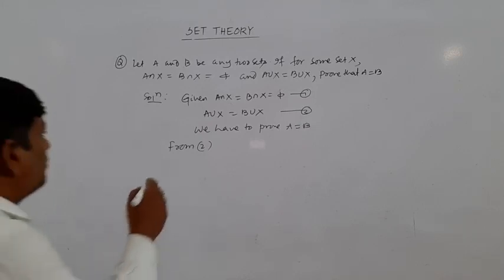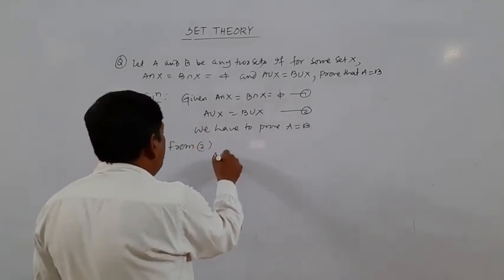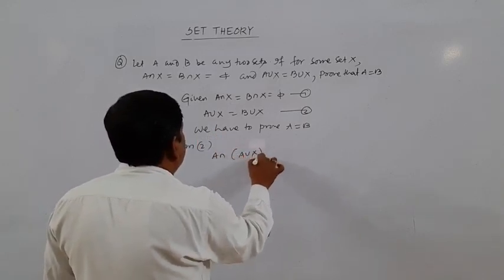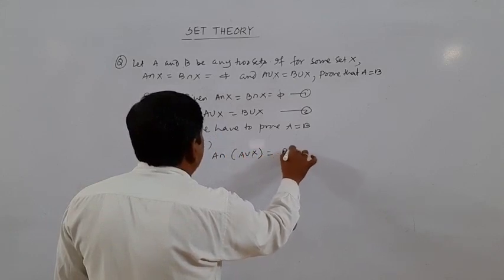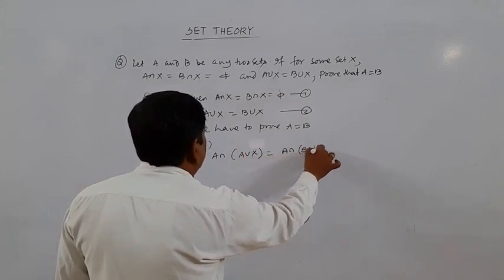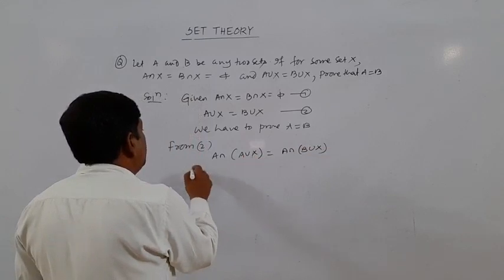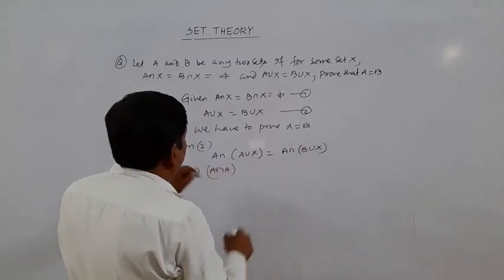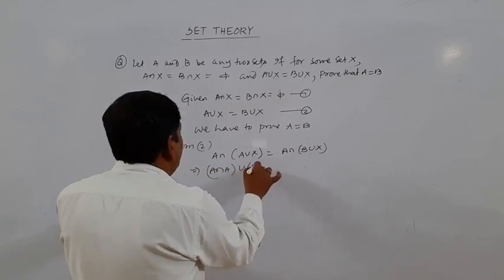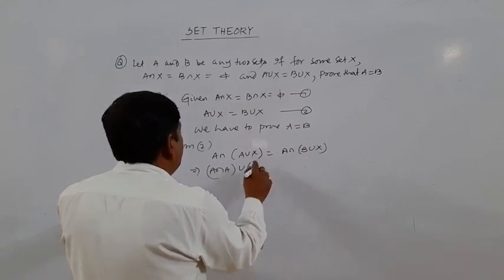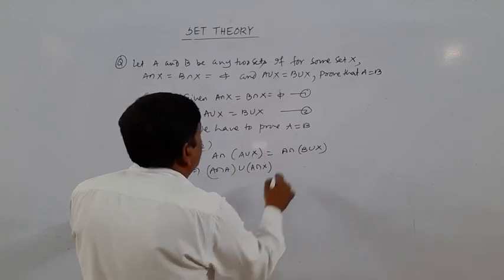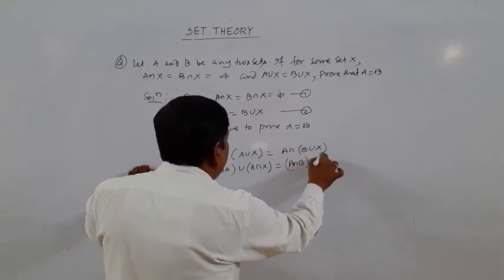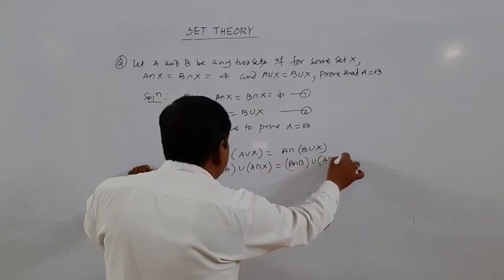Okay, from equation 2, taking intersection with A on both sides: A intersection (A union X) is equal to A intersection (B union X). So this is (A intersection A) union (A intersection X) equals (A intersection B) union (A intersection X).